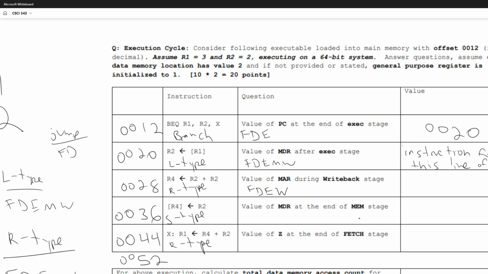For this one, the MAR will have whatever was put into it during the fetch stage because we don't go to main memory for data. So it's just going to have the instruction address, which means this will have 0028 here.